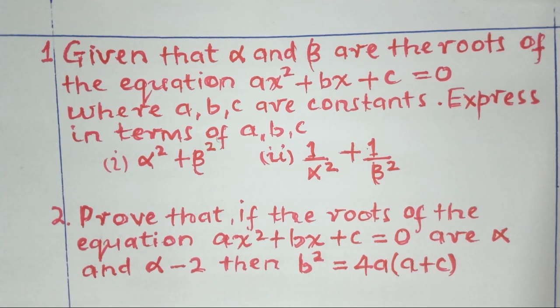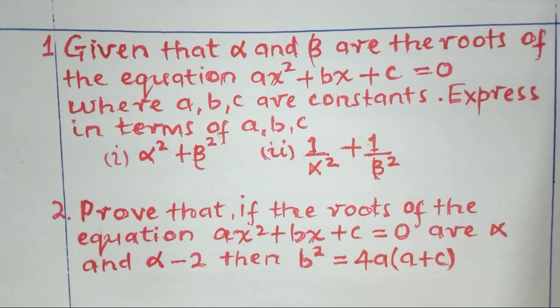Given that alpha and beta are the roots of the equation ax squared plus bx plus c equals 0, where a, b, and c are constants, express in terms of a, b, c: Roman 1, alpha squared plus beta squared; Roman 2, 1 over alpha squared plus 1 over beta squared. So guys, let's begin our question.